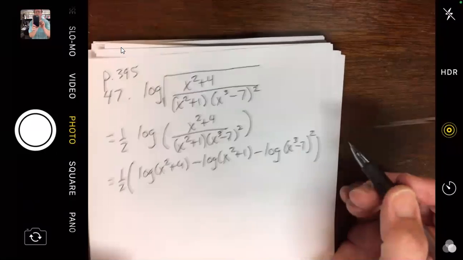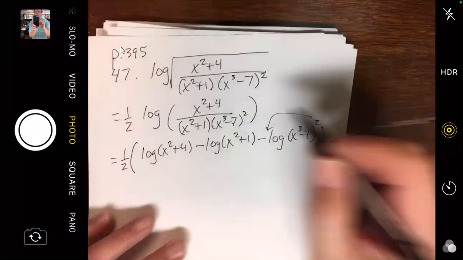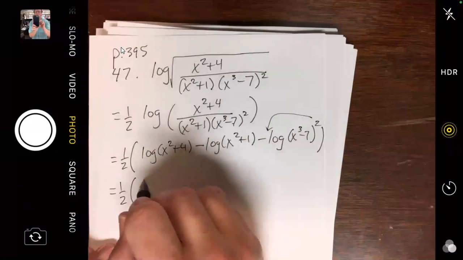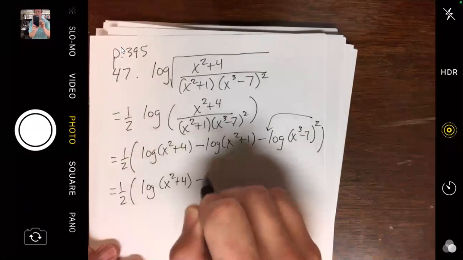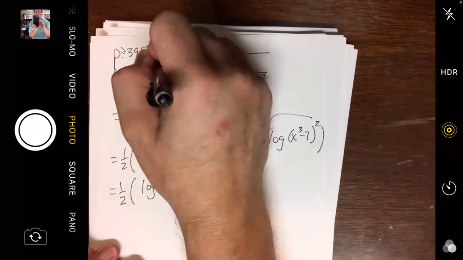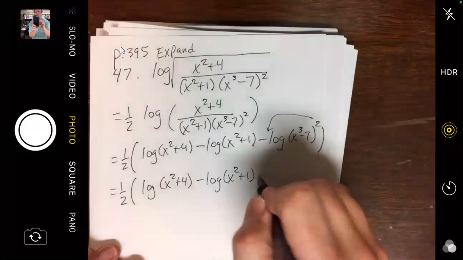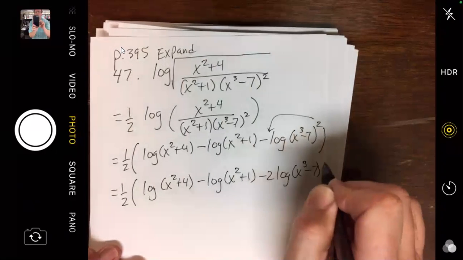And then finally, they like all powers down as coefficients. So this 2 is going to run down here. A 1/2 log of your x squared plus 4, minus log of your x squared plus 1. By the way, the directions on this were to expand. And minus twice log of x cubed minus 7.